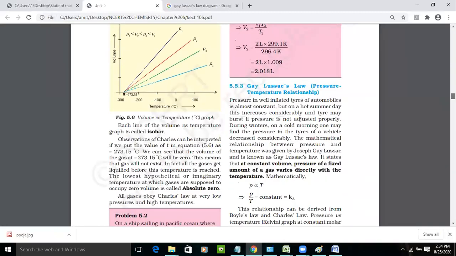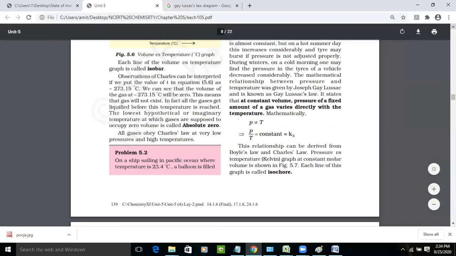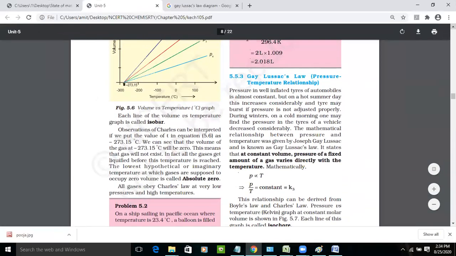Let's go to the next topic, the Gay-Lussac law. The Gay-Lussac law is the law in which the volume is constant and the number of moles of gas is constant. Consider the pressure in a flat tire across two seasons.